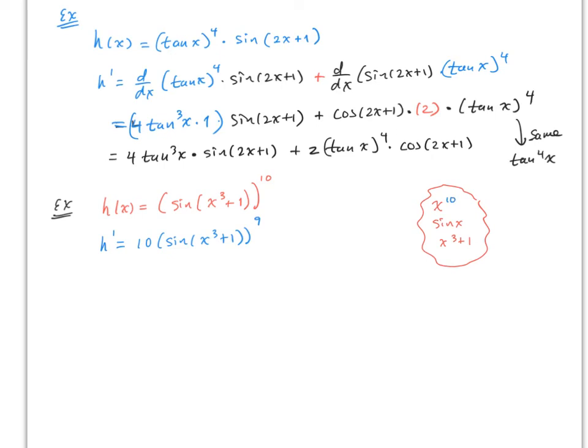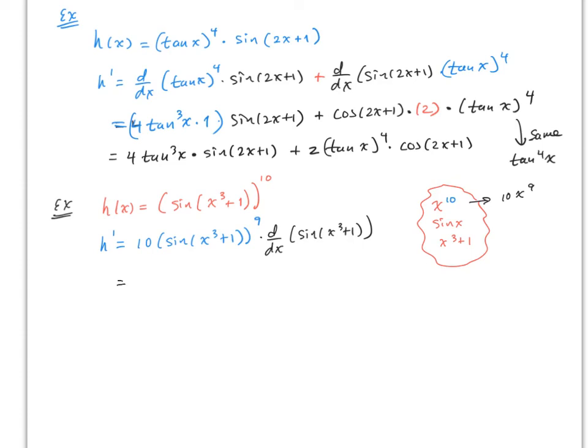So the derivative of this one, remember, is 10x to the 9. So that's why we got this part, 10x to the 9. Now times the derivative with respect to x of sine of x cubed plus 1, which itself is a composition of two functions.